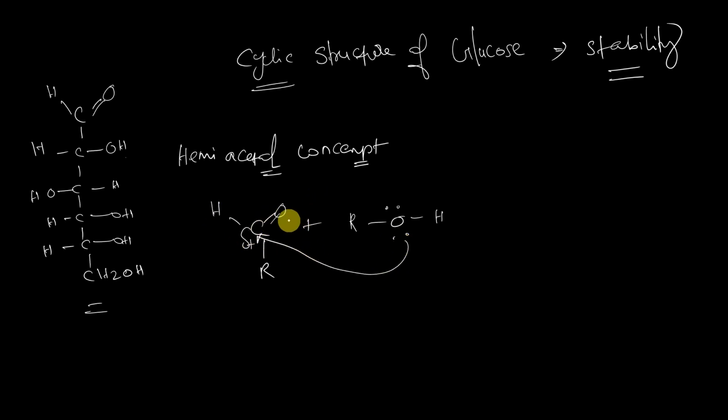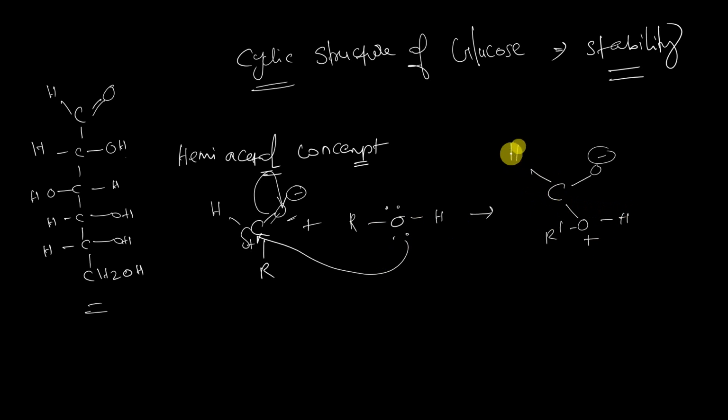Then this oxygen takes away the electrons and acquires a negative charge. So the structure will be C single bond O minus because it acquired the electrons, and here O is bonded with a positive charge because it has given the electron, and R dash will be there, and hydrogen will also be there.